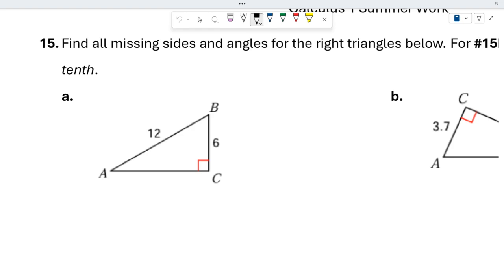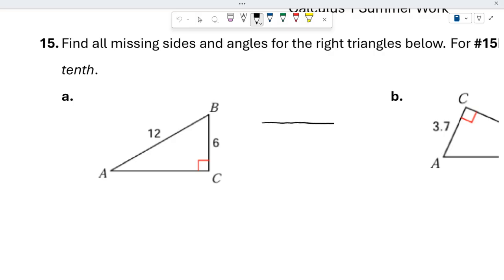There are a couple different ways to answer this specific question. If I had to identify the ideal way of answering this question, it is to recognize that this is a special right triangle.